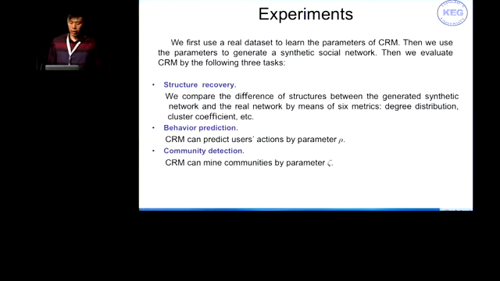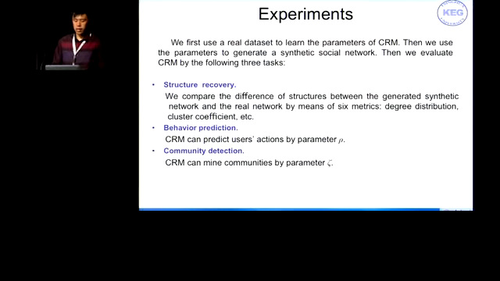The first one is called structural recovery. The task is to compare the difference between structures of the original one and the generated one. The structural similarity there is quantified by 6 metrics: degree, pairs of nodes, eigenvalues, eigenvectors, clustering coefficient, and triangle participant ratio.